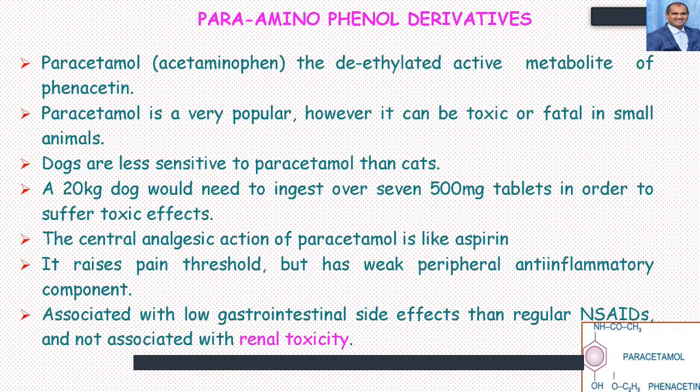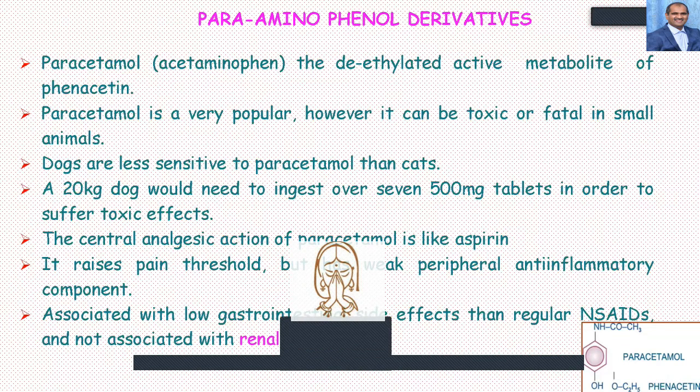It raises the pain threshold, but has a weak peripheral anti-inflammatory component. It is associated with fewer gastrointestinal side effects than the regular NSAIDs and is not associated with renal toxicity, especially paracetamol.